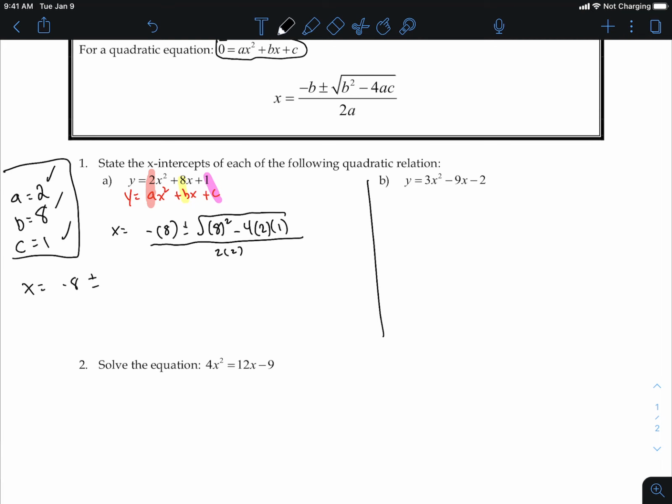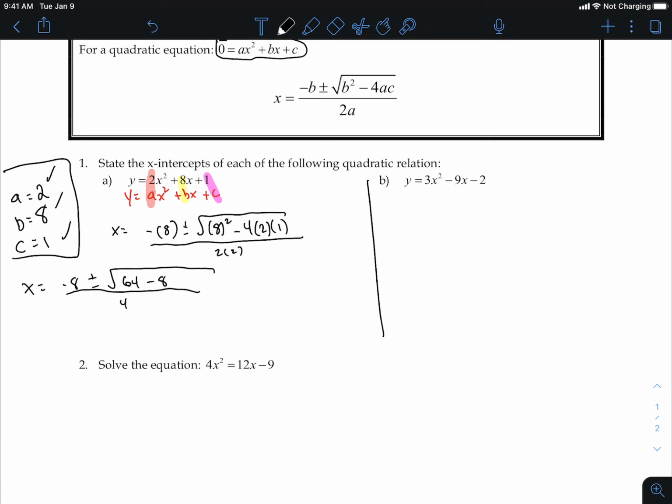I'm going to start doing the work inside the square root. If you get a nice number, which you won't because it's not factorable, that's an ideal situation. But I'm just going to do the work underneath the square root. So I'm going to get the square root of 64 minus 4 times 2 is 8 times 1 is 8, all divided by 4.